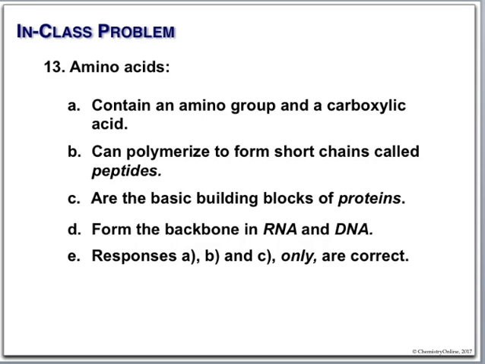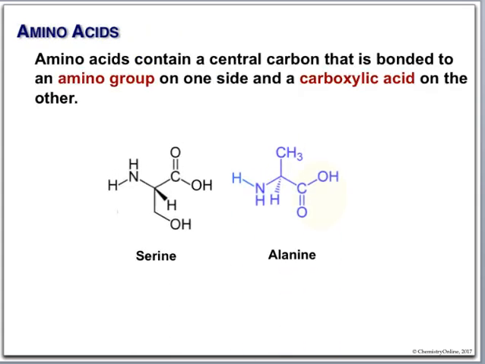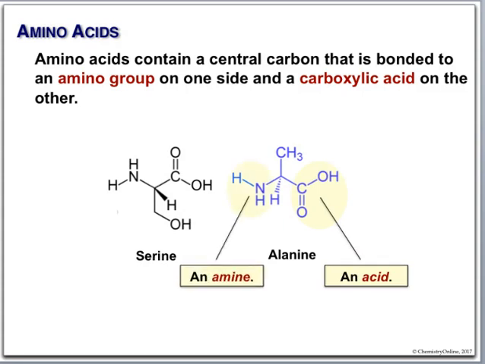A, contain an amino group and a carboxylic acid. Well, remember we looked at the structure of the 20 essential amino acids as we know them. Here are a couple. This is alanine and serine. They all contain a carboxylic acid group, and they contain an amino group. Hence the name amino acid.